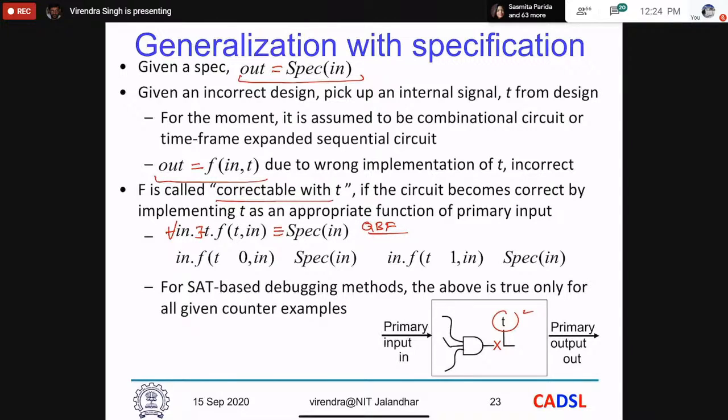If this exists, if I can find a value of T, 0 or 1, this is equivalent to saying that for all inputs, T equal to 0 is equal to the specification, or sorry, for all inputs T equal to 1, either this should satisfy or this should satisfy, right?